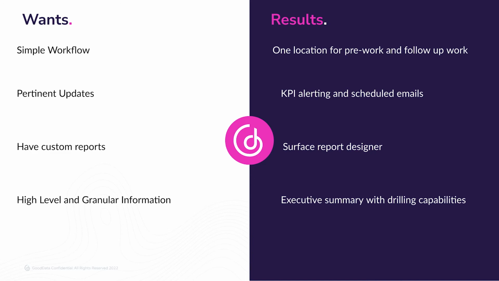The next want we hear a lot of times is, I need updates that relate to me. I get all of these pings on some machine, on some products, and it doesn't matter to me. It's someone else's update, but it goes to everyone. Or I don't get updates. I have to go and check there and I'm busy and I just don't have the time.